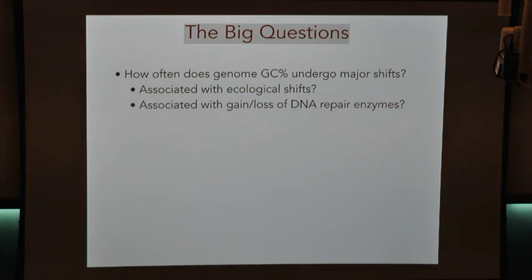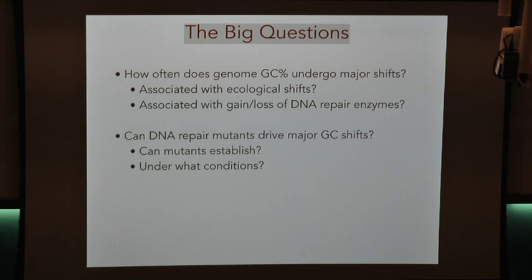So we're asking, if we make some of these changes in the lab, do we see changes in GC shifts? On the flip side, on the phylogeny, can we map the presence and absence of these repair enzymes and ask if that's correlated with major shifts in GC content? So we're doing that.